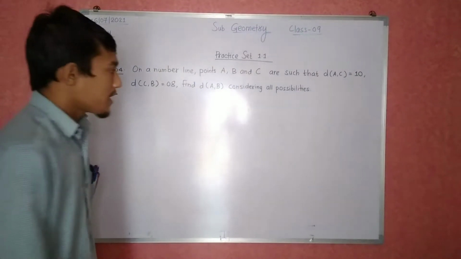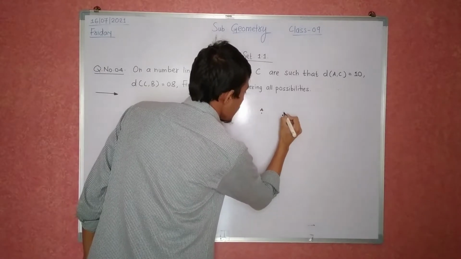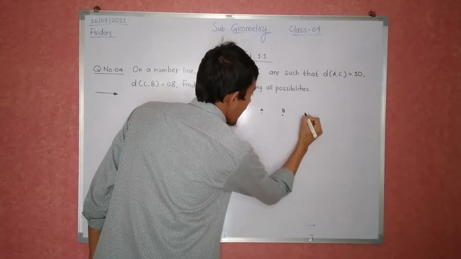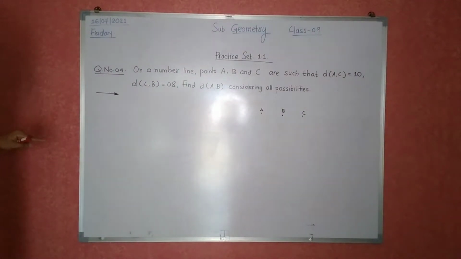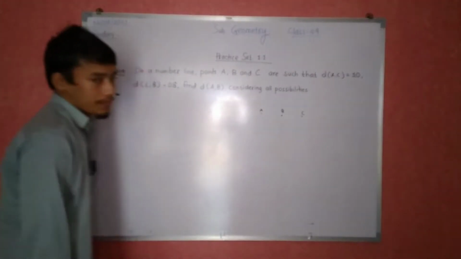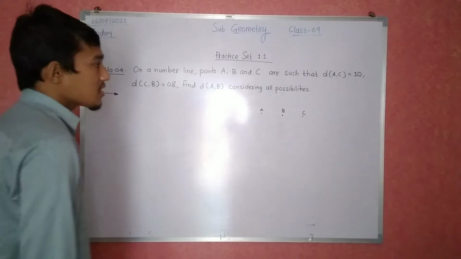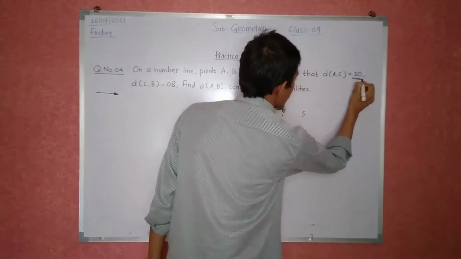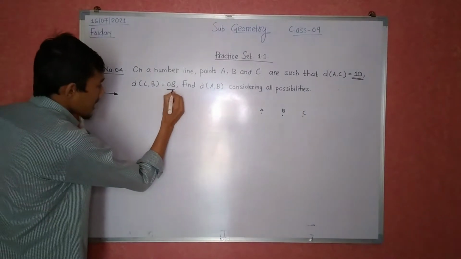So there are 3 points, point A, point B and point C, okay. So these 3 points are on a number line. That means that these 3 points are collinear to each other, okay. The distance between the point A and point C is given, that is 10, and the distance between point B and point C is given, that is 8, okay.